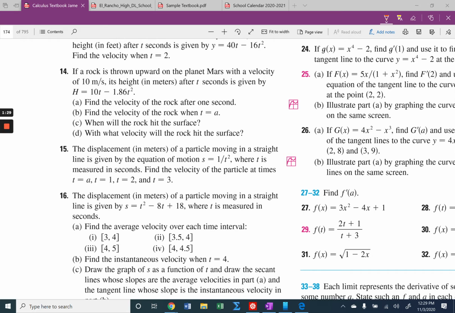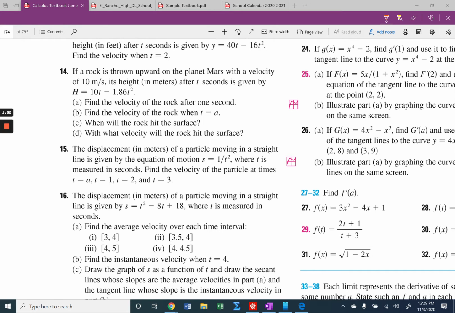So to find the velocity of the rock after 1 second in part A, and in part B, to find the velocity of the rock after t equals a seconds, or when t equals a, you just need to take the derivative. In part B, you'll plug in a as the value, and then in part A, you'll plug in 1 for a.